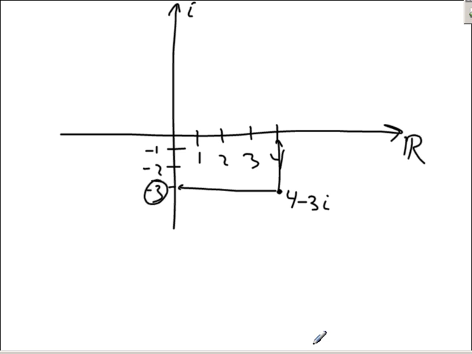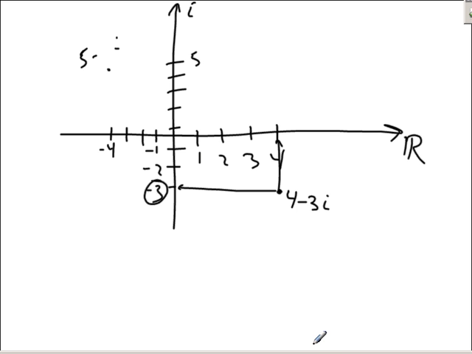It would be 4 plus 3i. 1, 2, 3, 4, 5. 5 minus 2i, or minus 4i. Minus 1, minus 2, minus 3, minus 4. This point will be 5 minus 4i for one reason.